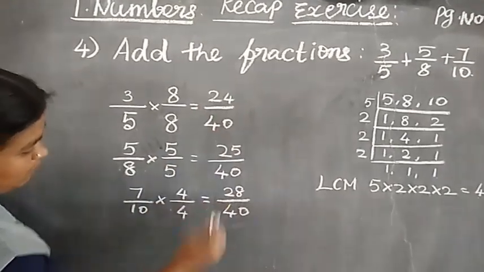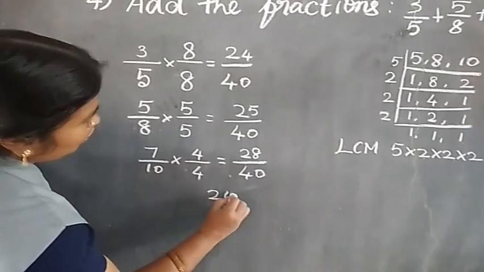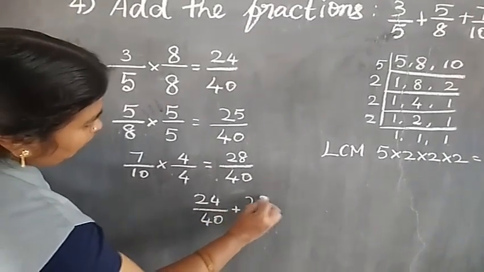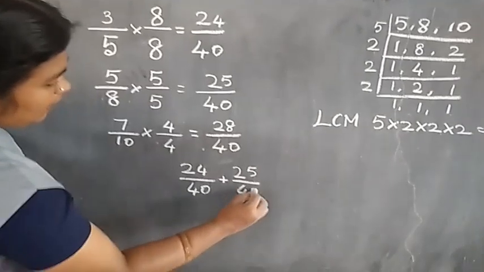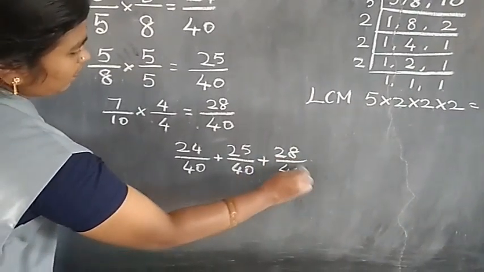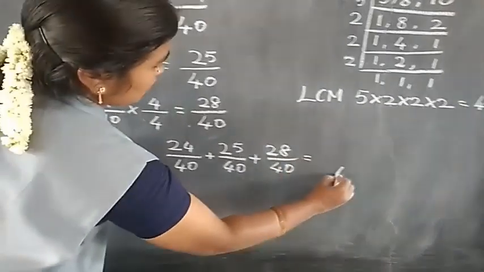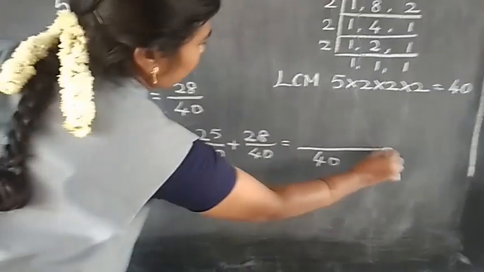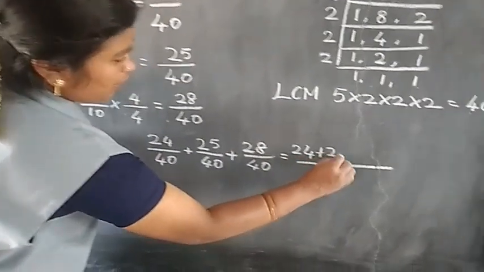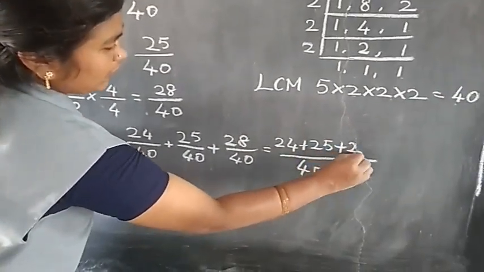Shall we add these numbers? The first one, 24 by 40 plus 25 by 40 plus 28 by 40. The denominators are the same, so 40. The numerators are 24, 25, 28.